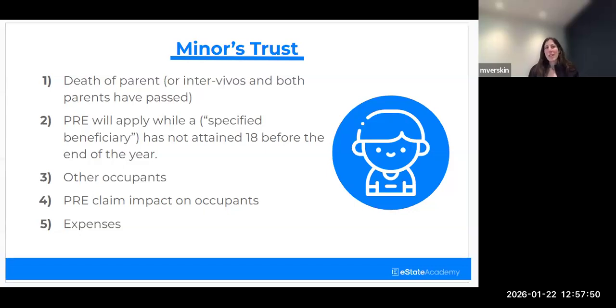The other thing that's interesting is that as soon as the kid hits 18, this trust no longer qualifies. So you're probably watching to see if you want to claim the principal residence exemption, if you're either going to sell before the kid reaches the age of majority, or if not, what's going to happen to that property? Is it going to be rolled out to the kids? Is it going to be rolled out to one kid? And what's going to happen?